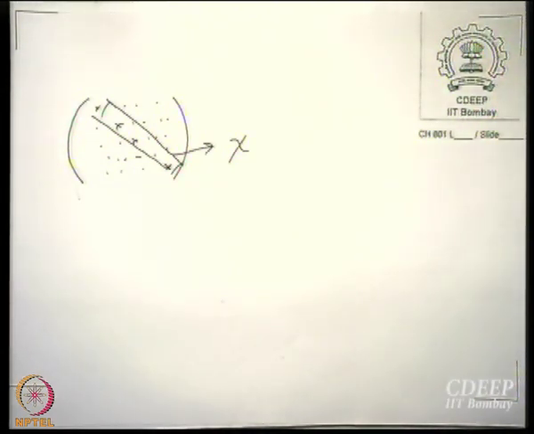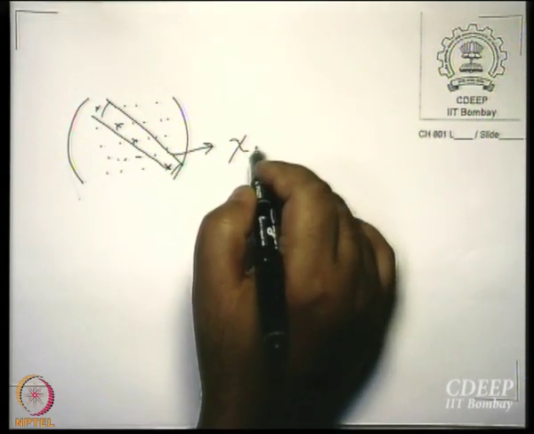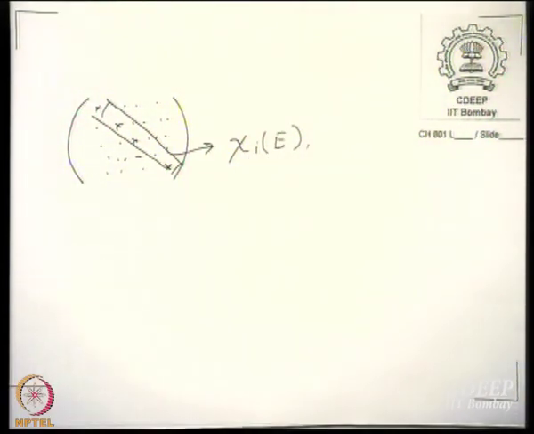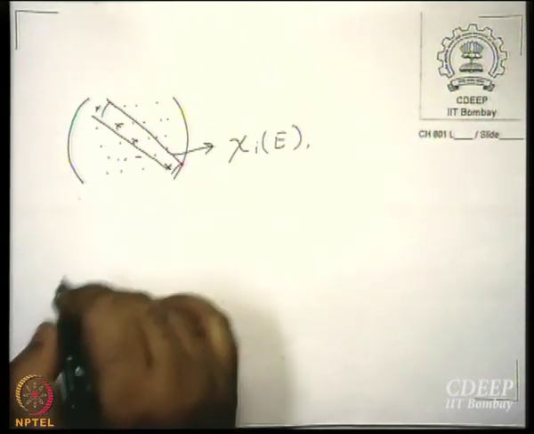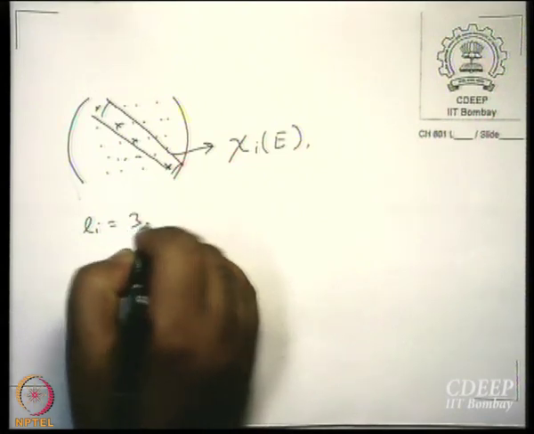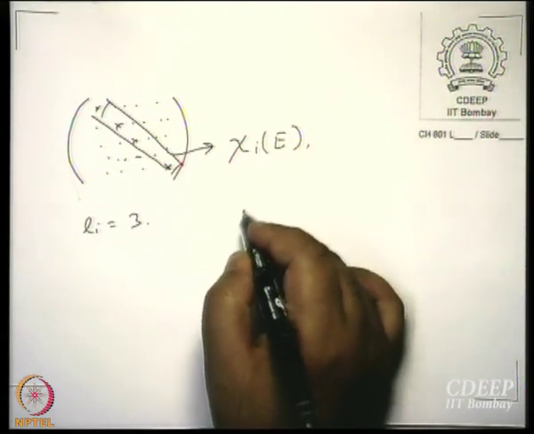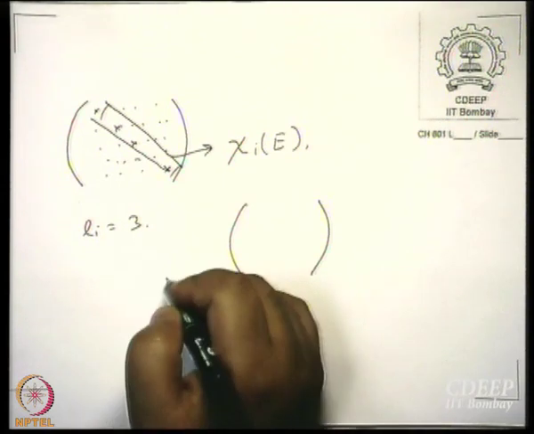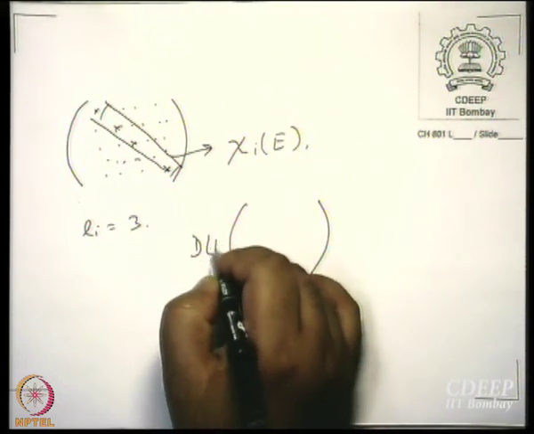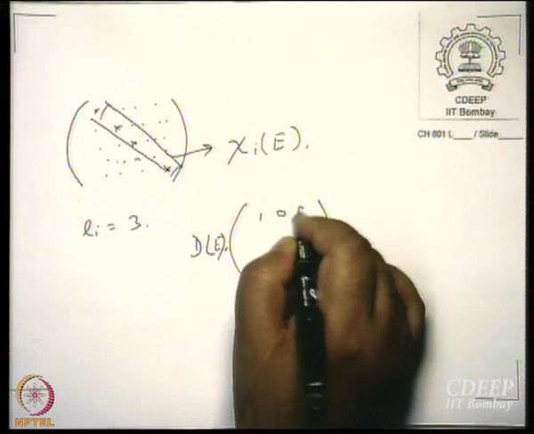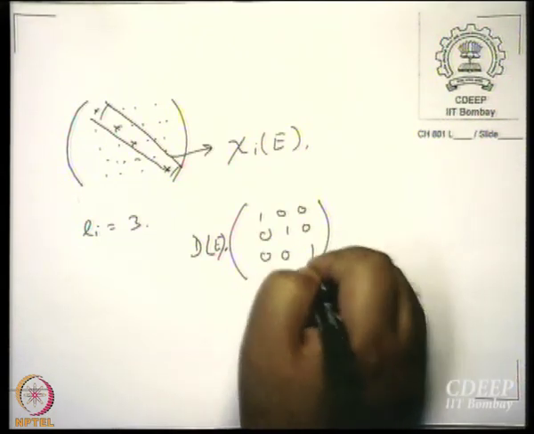Now, what is chi i E? Li is a dimensionality, let us say Li equal to 3. So what is the matrix corresponding to E? 1 0 0, 0 1 0, 0 0 1.